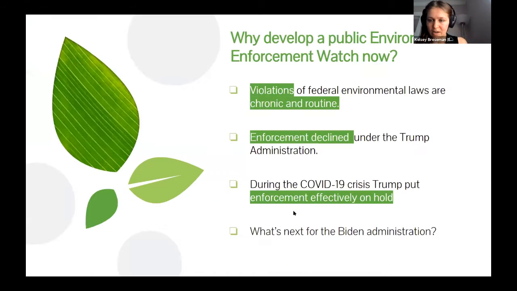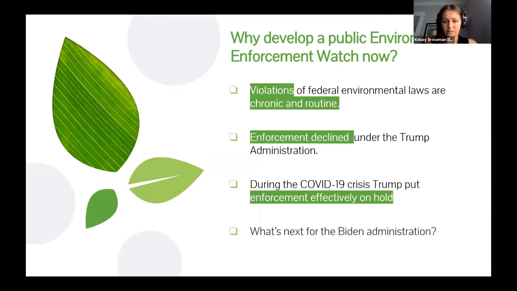I talked a little bit already about the motivation of this, but the Environmental Enforcement Watch started basically January of last year. We had a report a while ago called The Sheep in the Closet that was us showing to ourselves, proving through a look at the environmental data sets from the EPA, that violations of environmental law are chronic and routine.